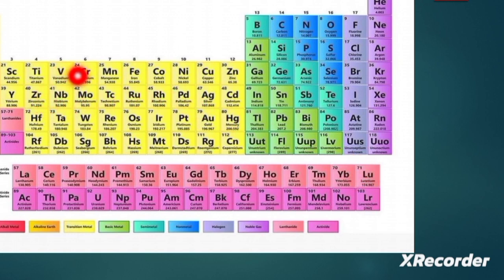Here you can see 10 groups are there for the d block as well. So the maximum possible number of electrons in a particular subshell is equal to the number of groups in the periodic table which belong to that block, right?